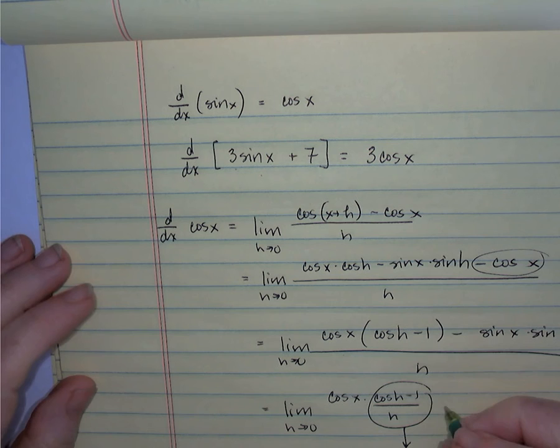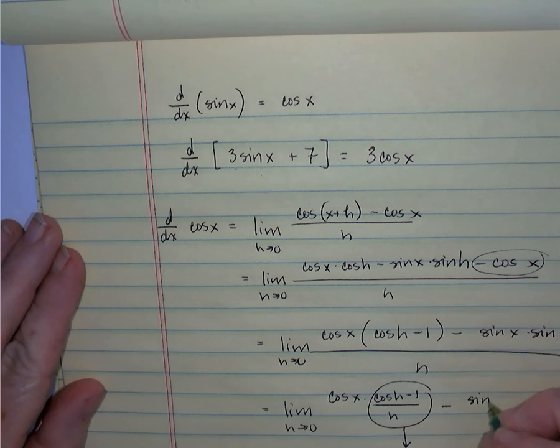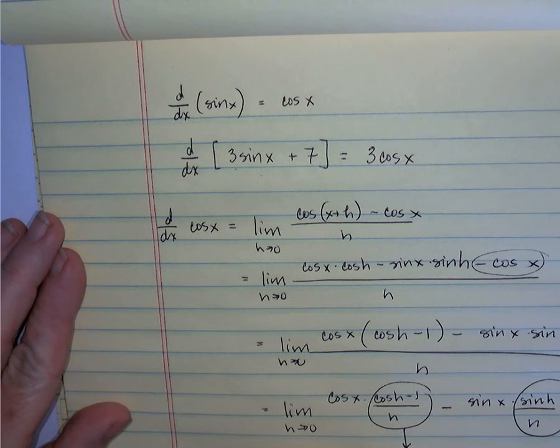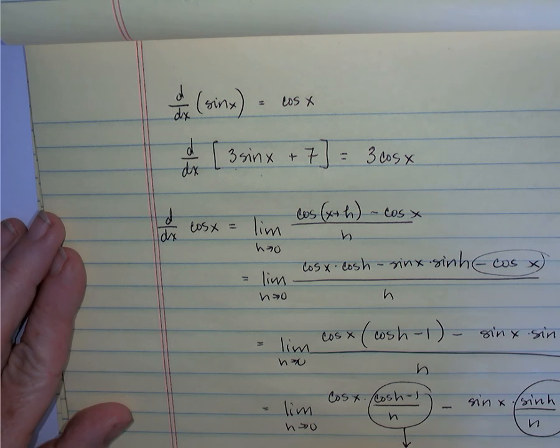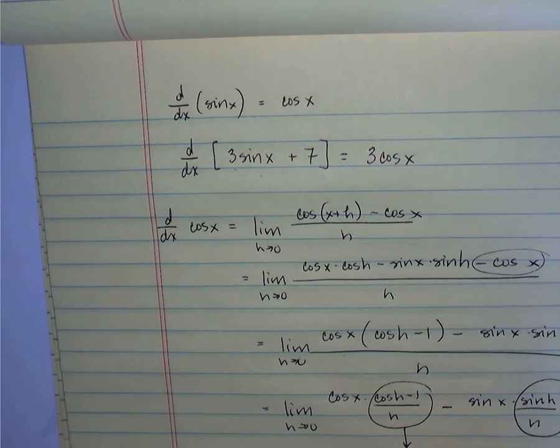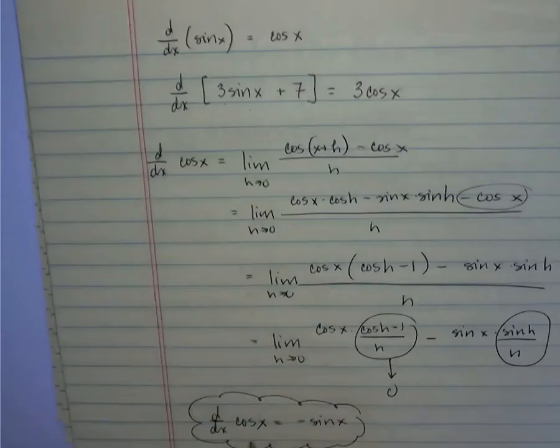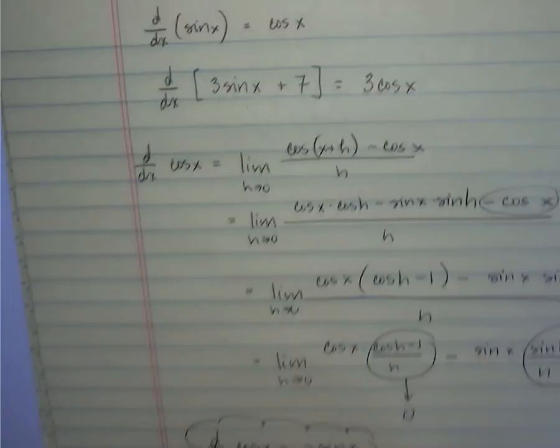And we're then going to have minus sine x times sine h over h, but we showed that's equal to 1. So it turns out that the derivative of cosine of x is negative sine of x. And in fact, you will find that the derivative of any cofunction is always going to be negative.